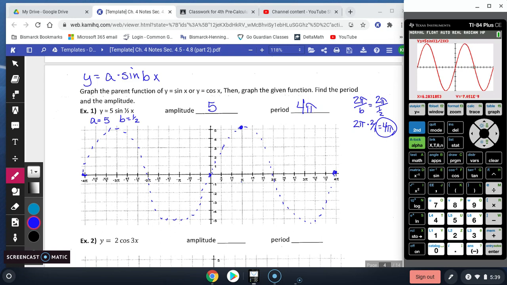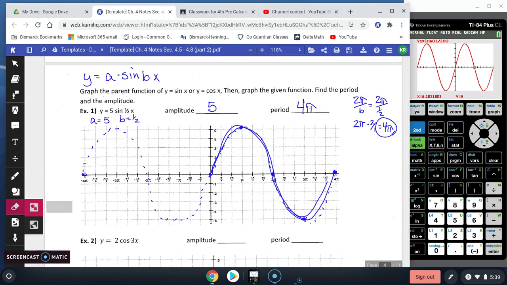And if you're thinking I'm going to cross at 2 pi, you're correct. So 2 pi is at 0. 3 pi, I'm going to be down here at -5. And then 4 pi, I'm back to 0. So there is my curve.